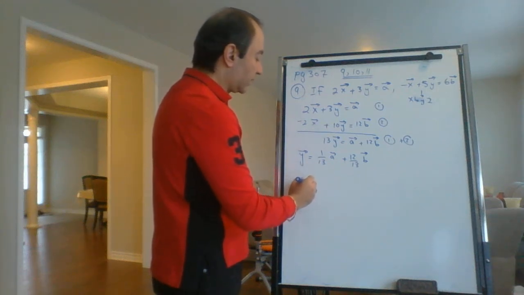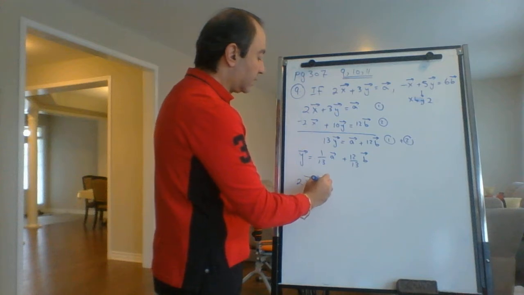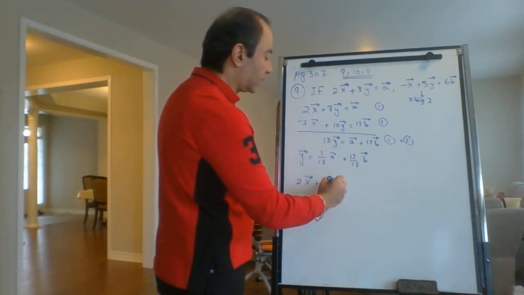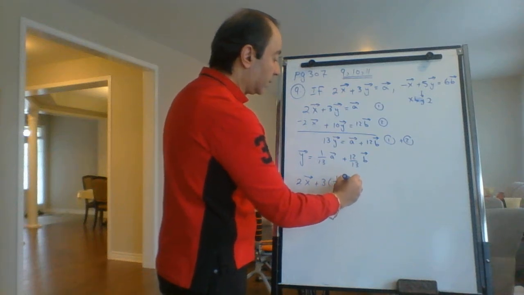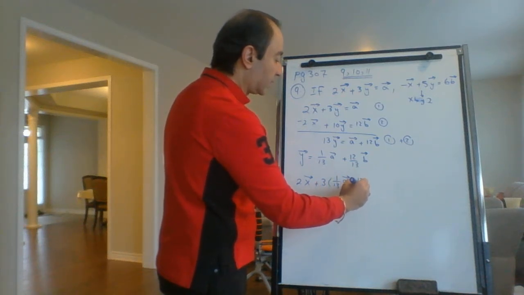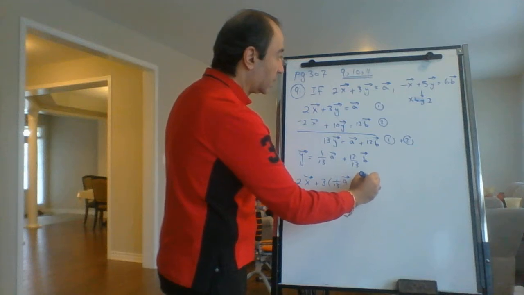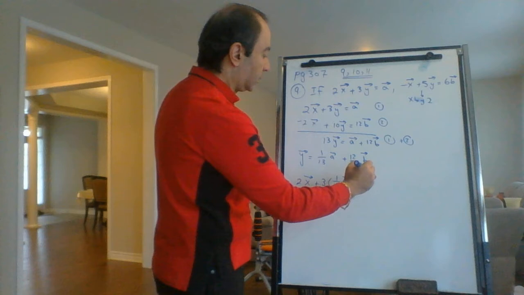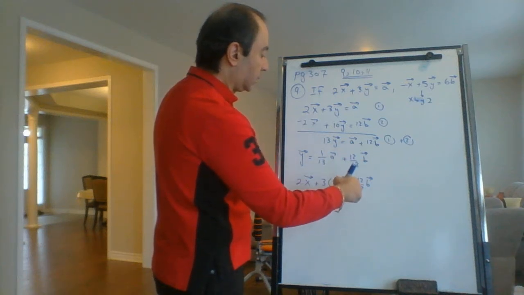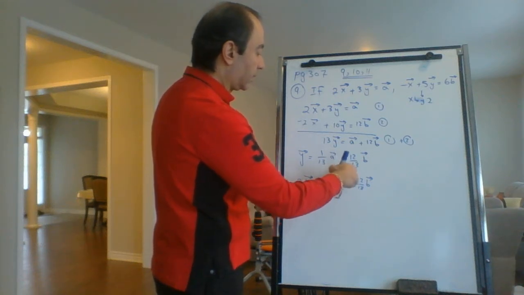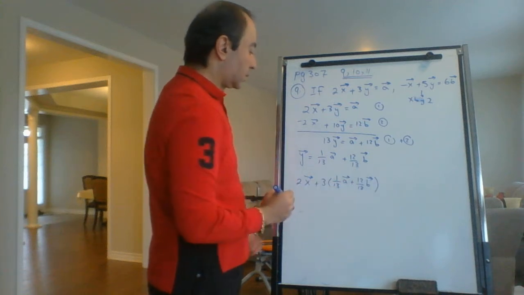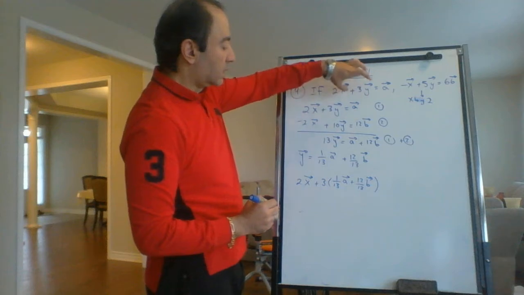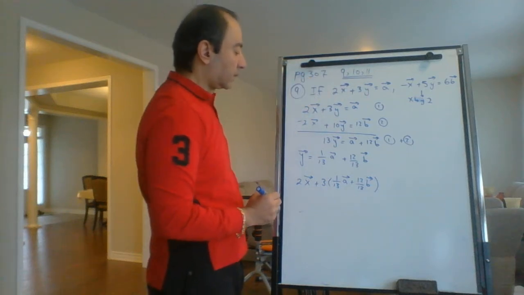So 2 times vector x plus 3. Instead of vector y, I will write what it is: 1 over 13 a plus 12 over 13 vector b. Okay, so I took y and put what it equals, sub in equation 1.